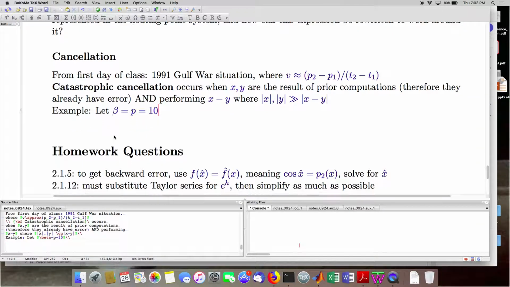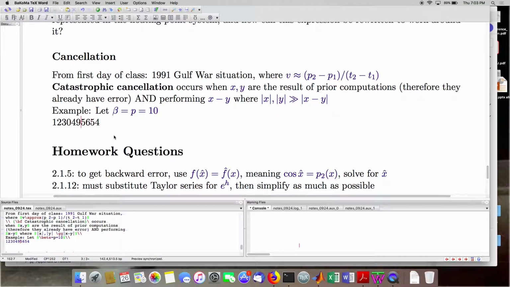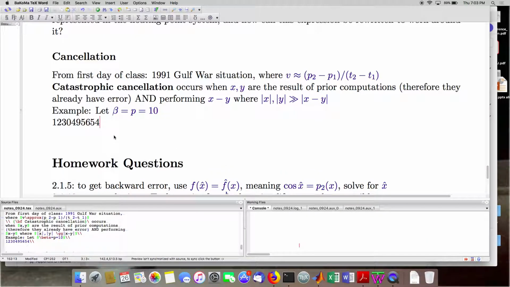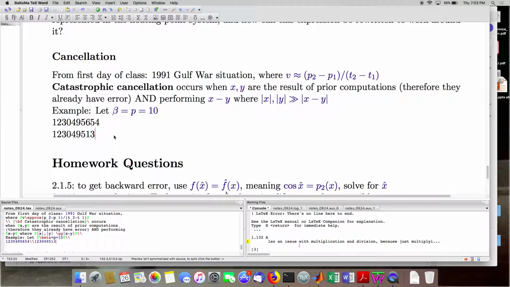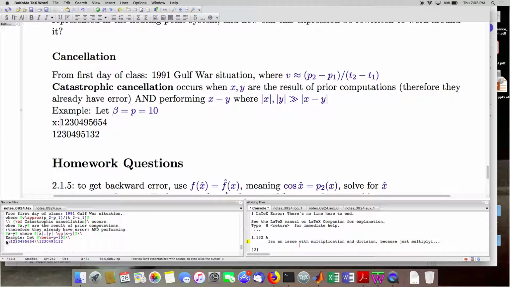And we're subtracting. So here's my number, 10 digits, and what I'm going to subtract from it. So this is my x.